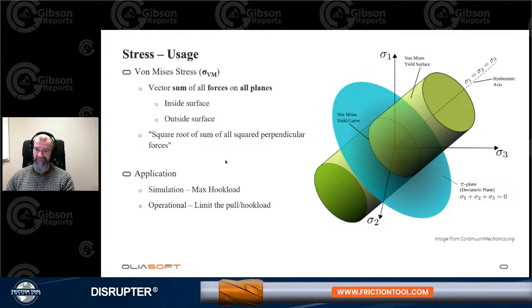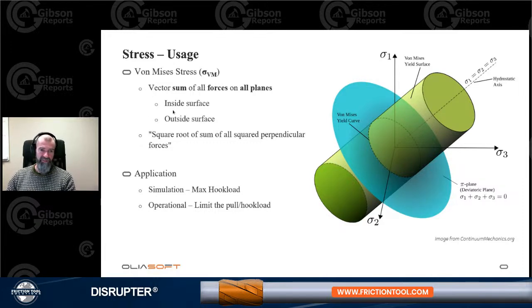You want to see whether or not the von Mises calculated value exceeds the yield strength of the material that you are using. Because if it does, then it could break during an operation. So you should look at this, of course, before you start running anything into the hole, and make sure that what you plan to do doesn't break the drill string.